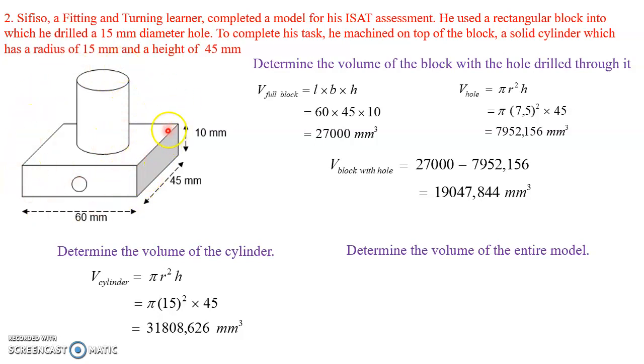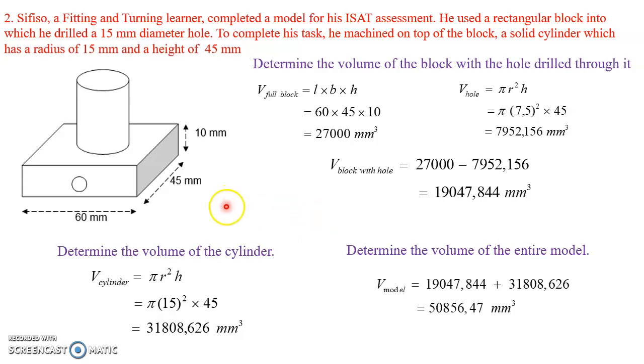Obviously, it means I need to know the volume of this bottom part, which is this. I need to know the volume of the cylinder, which is that. And if I take the two volumes and add them together, I end up with the volume of this model.